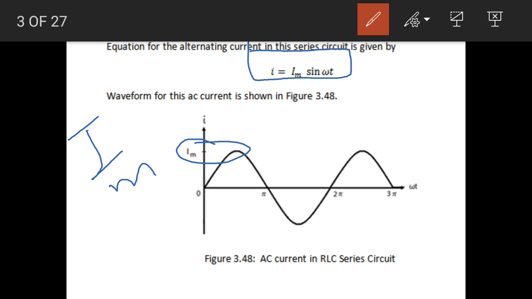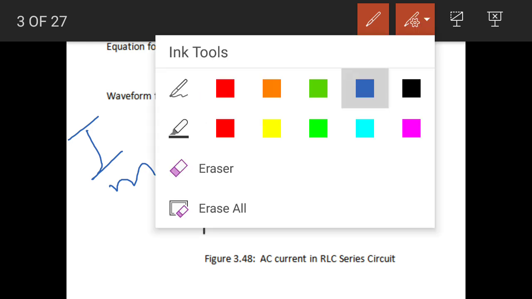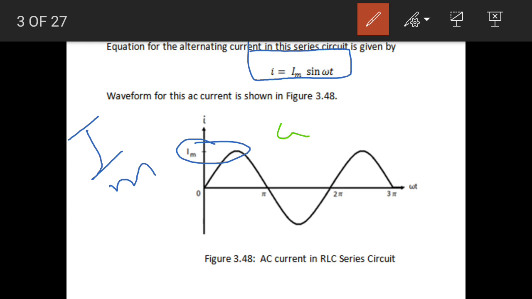Omega is the angular frequency of the AC voltage source, and we know that omega is equal to 2 pi f. So we can find out the angular frequency of the AC voltage source with the help of this equation.